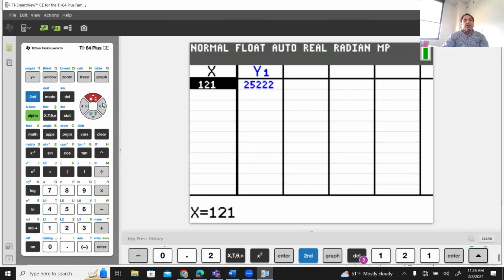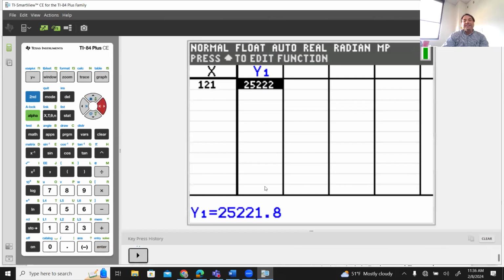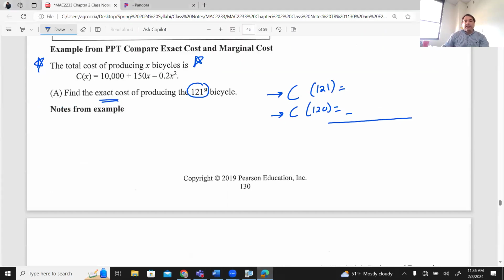But if you actually put your cursor on top of the number, you get the exact number, 25,221.8.